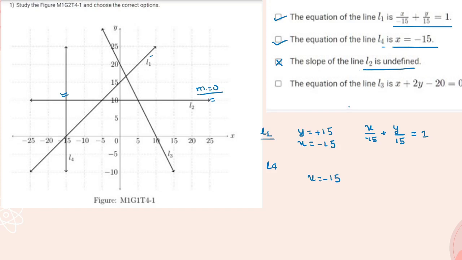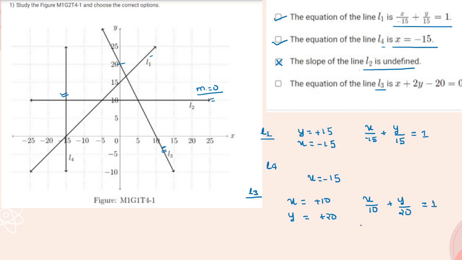The last option is the equation of line L3. For line L3 the x-intercept is plus 10 and y-intercept is plus 20. So its equation will be x by 10 plus y divided by 20 is equal to 1.